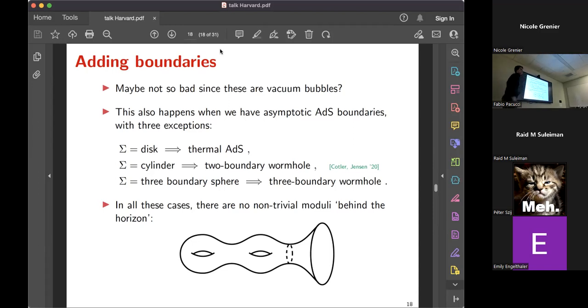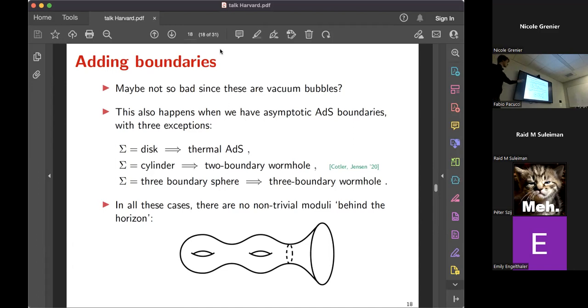The simplest one is when sigma is a disk. When sigma is a disk, then the topology disk times S1 we already saw. That's thermal AdS, and you can check by this canonical quantization procedure that you get the correct answer. The next simplest one is when sigma is a cylinder. When sigma is a cylinder, then a cylinder times S1 is just the same thing as a torus times an interval.